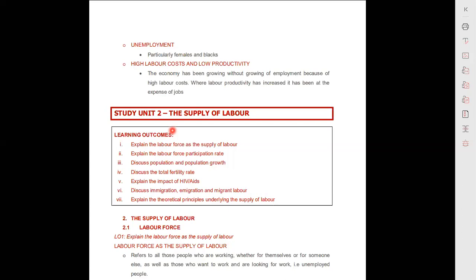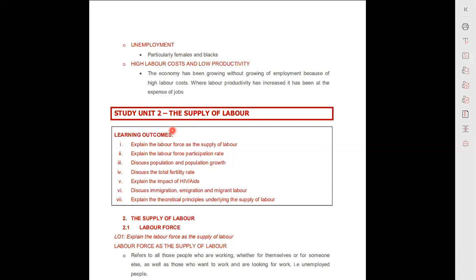Also, higher labor costs and low productivity. If a South African needs to be employed, if we ask how much do you want to be paid, he or she will say, I want 20,000 a month. But on Monday, he's not at work.